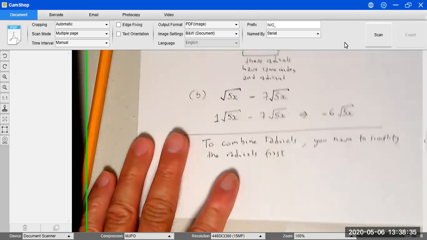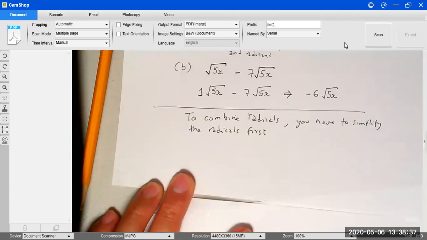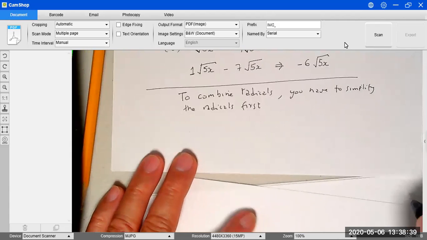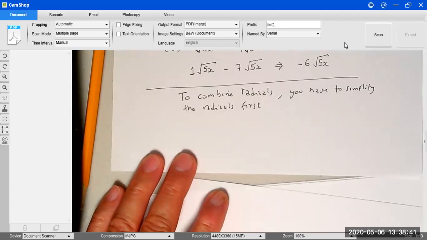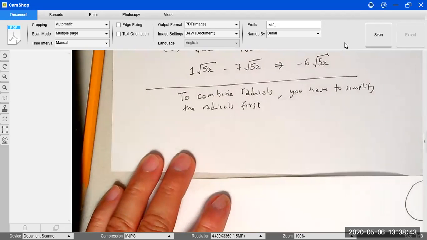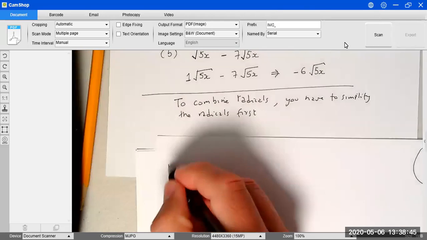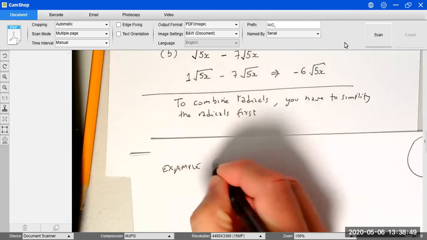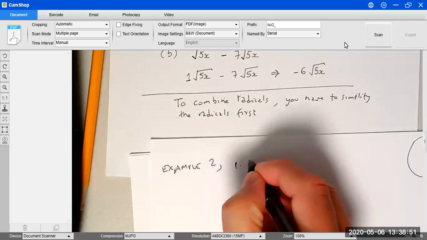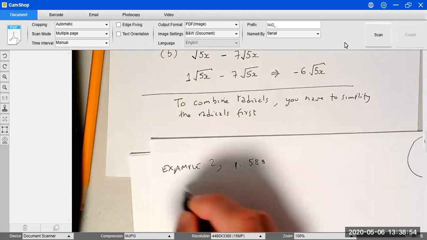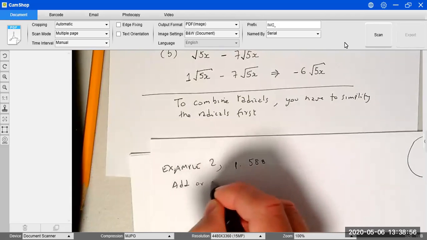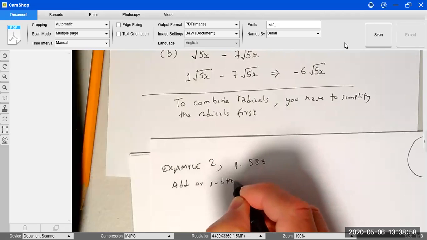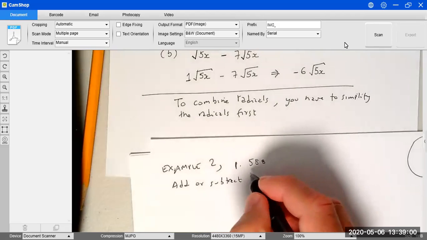So let me start example 2. Example 2 is on the same page. Example 2 is again adding or subtracting as indicated.